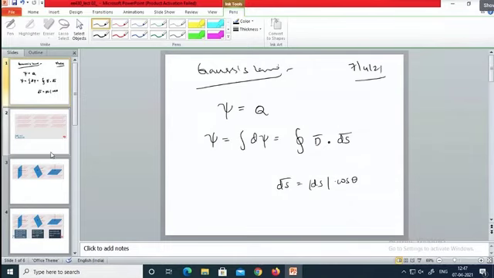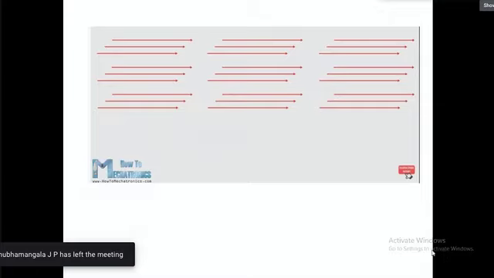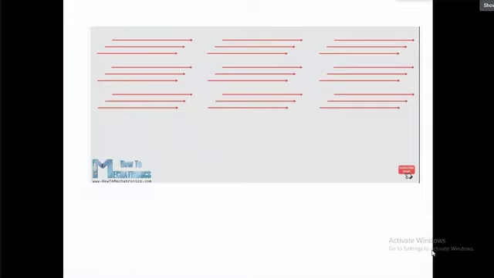So, for example, in this case, if I have the flux lines like this, it is an open surface.